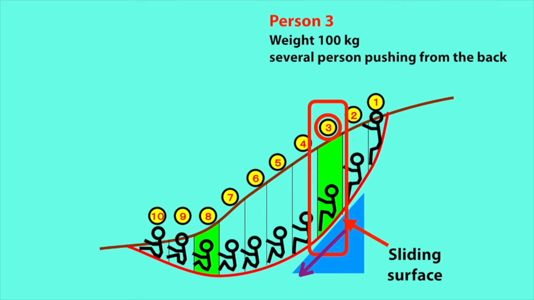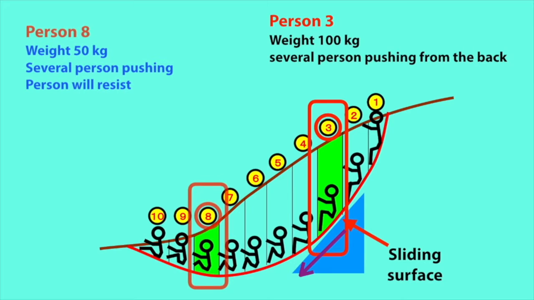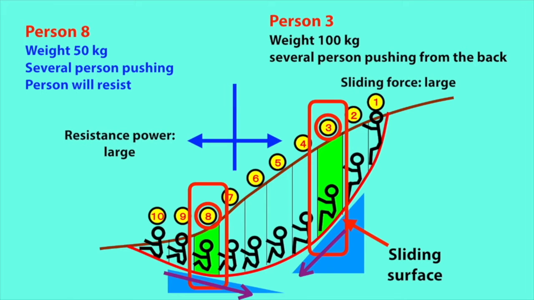Now, person number 8. This person makes an angle with the sliding surface in the opposite direction, on the back side of him. Several persons are pushing from the back. Please look at here. What will happen next? Will this person slip? Each person in this sketch has sliding force and resistance power. Add this resistance power for all the persons, number 1 to number 10.